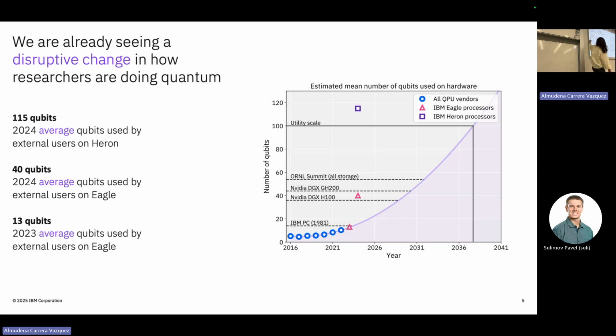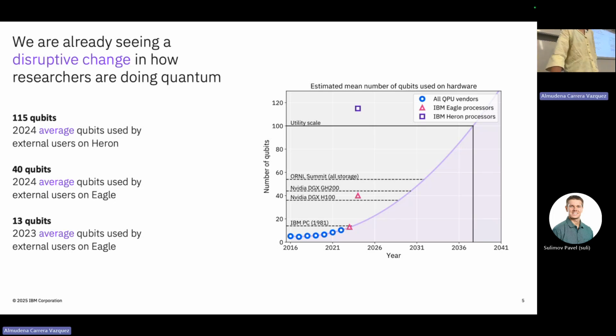In 2023 it was an average of 13 qubits, which is not a lot. Suddenly in 2024 it was 40 qubits, and now we are at more than 100 qubits on average, which is quite impressive. I started in 2018 at IBM, and I remember that if we could run on 5 qubits, that was already an achievement.